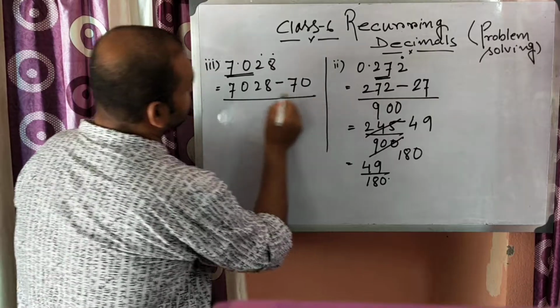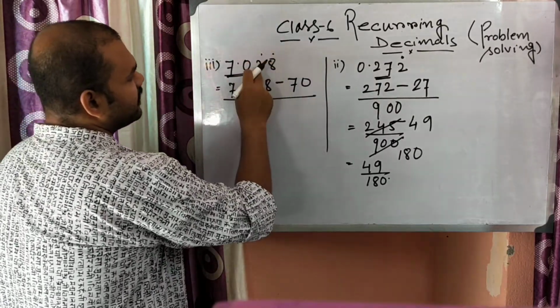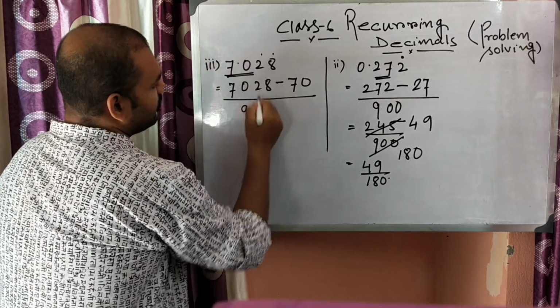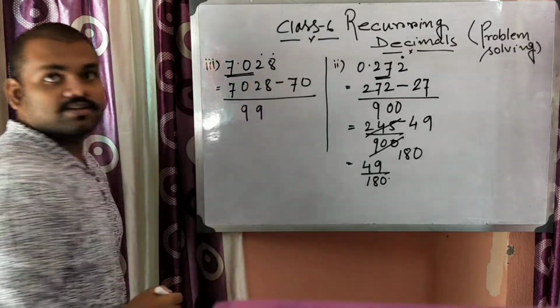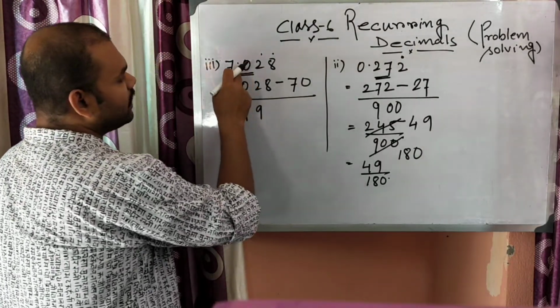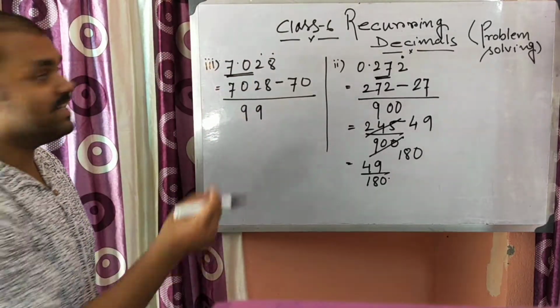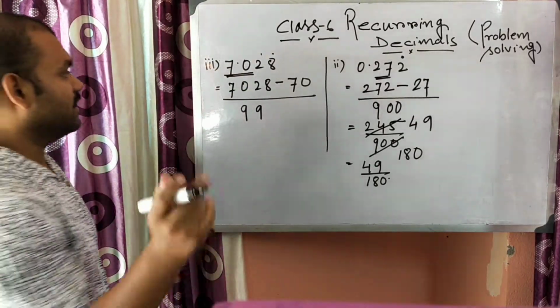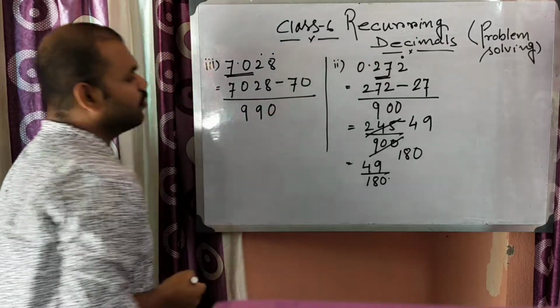Now we need to divide it by, for the recurring digits, how many recurring digits are there? 2. So put 9 over here and 9 for this. And you need to put 0 only for the non-recurring digit after the decimal. There is only one non-recurring digit, so put this.